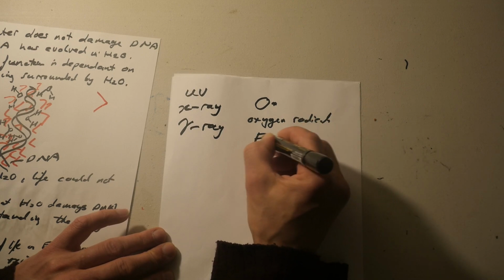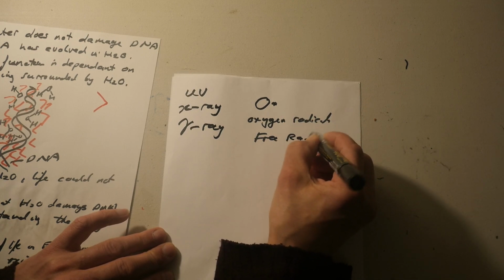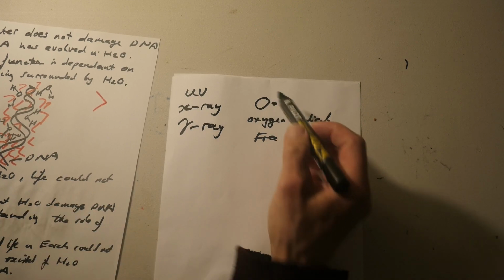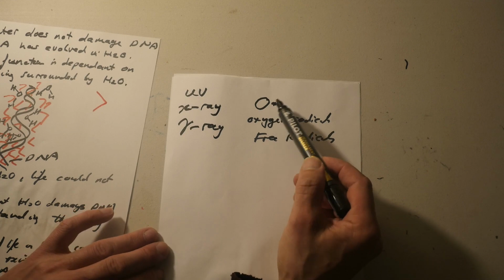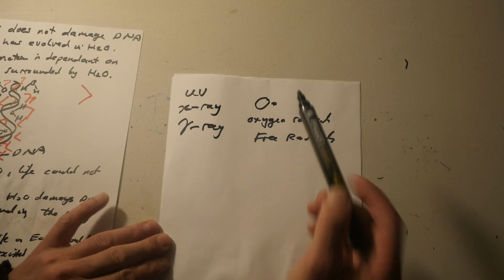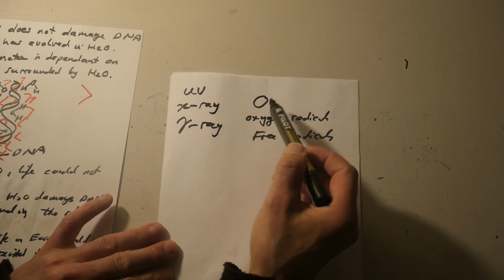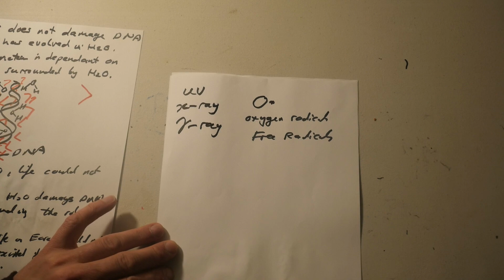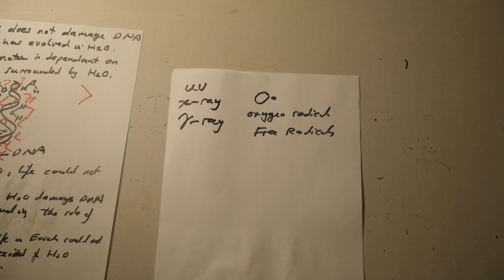Free radicals have a single electron in an oxygen atom. These are very, very reactive and aggressive, and these will damage DNA. These are reactive oxygen species. Ultraviolet, X-ray, and gamma rays damage DNA and cause a lot of errors to occur.